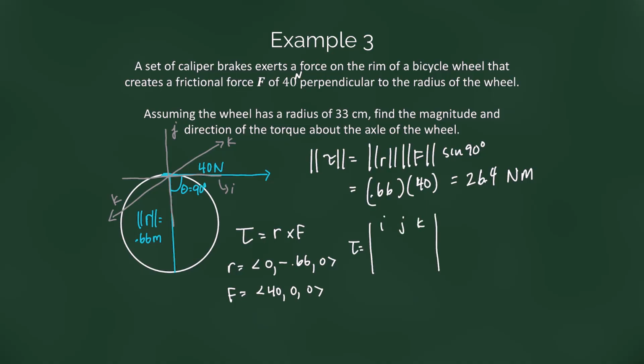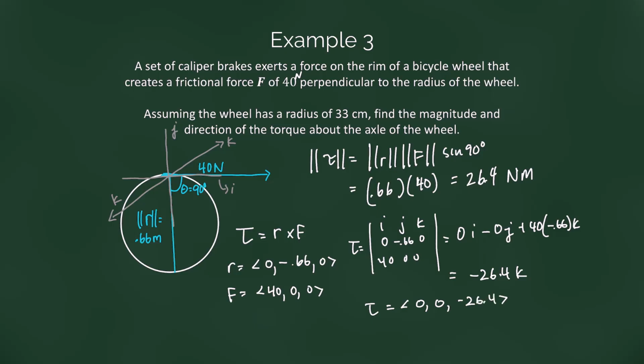it's going to be actually very simple to compute because of all the zeros. So we have 0, negative 0.660, and 40, 0, 0. So we get 0 times i, because 0.66 times 0 minus 0 gives 0i, and then we're also going to get 0j, and then we're going to get 40 times negative 0.66k, so we get negative 26.4k, and we can see again easily from that, our torque vector is the vector 0, 0, negative 26.4.